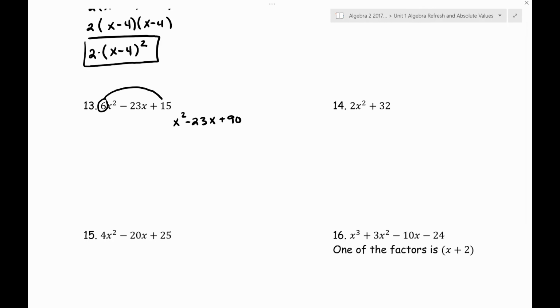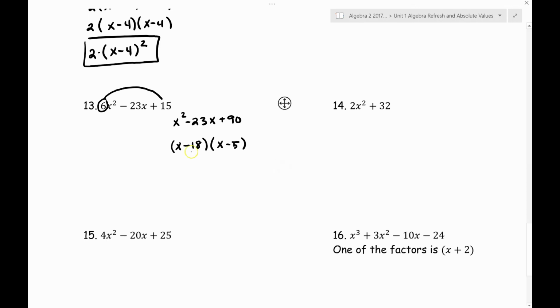Okay, so how about we do 5 and 18? So this will be x minus 18 times x minus 5, because a negative times a negative equals a positive, so that gives me 90. And then they'll add up to a negative 23.